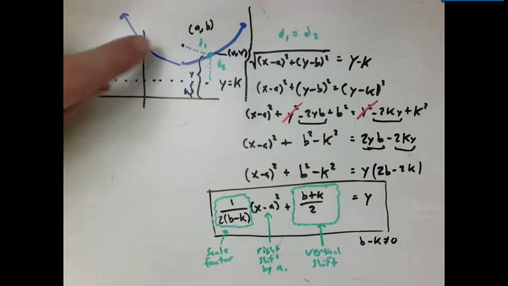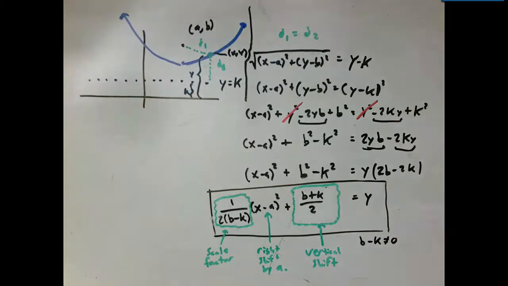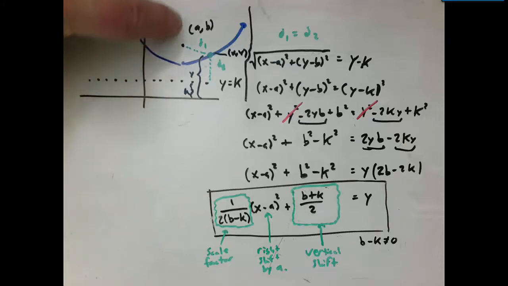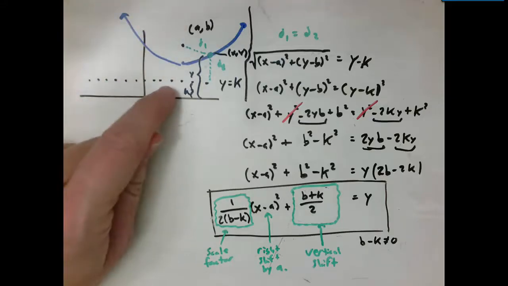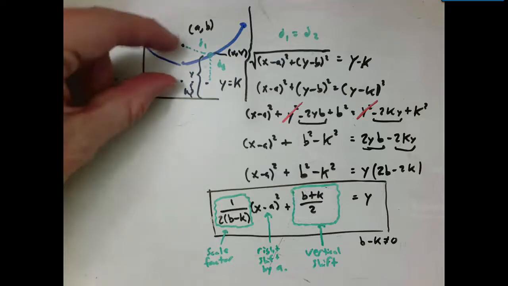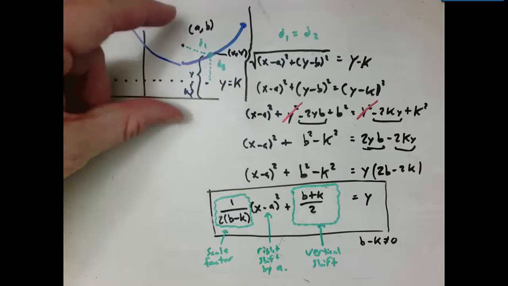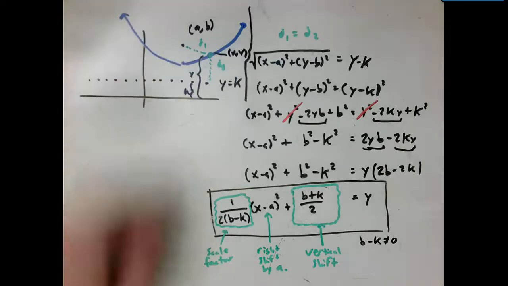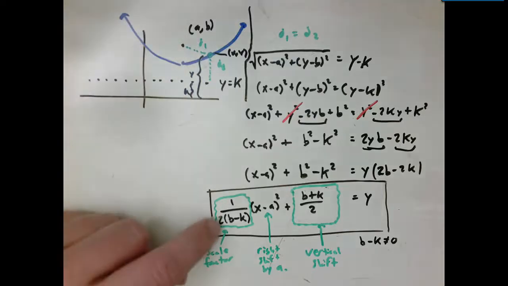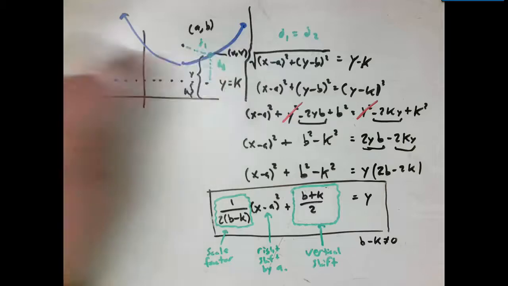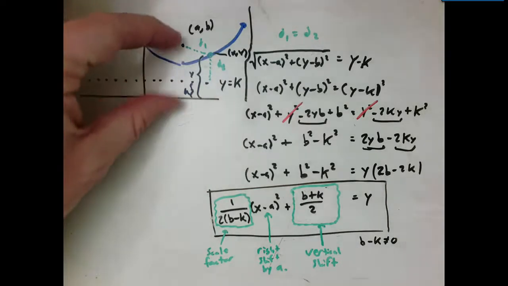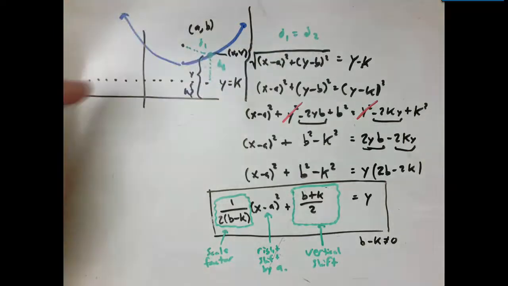Geometrically, what would that look like? It would mean I would be pulling this point up and up, or dragging this line down and down. But the gap between them, the b minus k, is going to get bigger and bigger. So the larger the gap size, the smaller the scale factor, which means the shallower the parabola. Hopefully you can have an animation in your mind where you imagine making this bigger, and meanwhile the parabola is getting shallower and shallower.